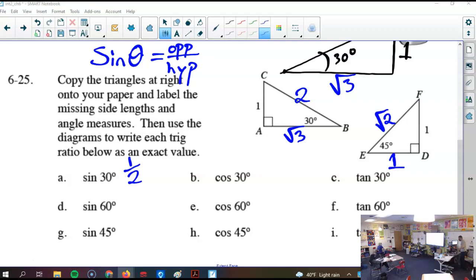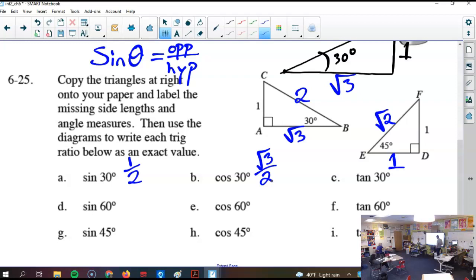Sine of 45 degrees and cosine of 45 degrees. So cosine of 30, then, is adjacent over hypotenuse, so radical 3 over 2. Tangent of 30?